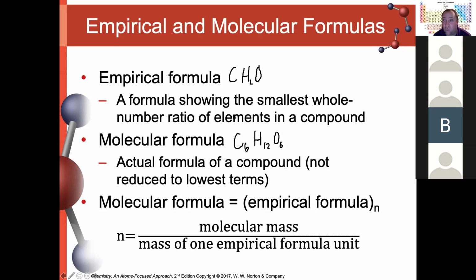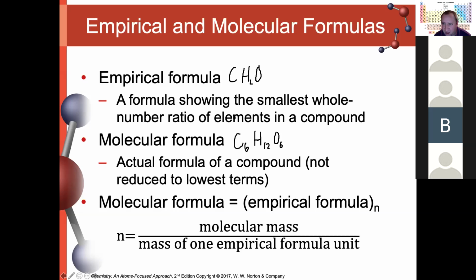We might only know the percent compositions of one element to another, and we won't be able to determine the actual molecular formula until we see how big the compound actually is.